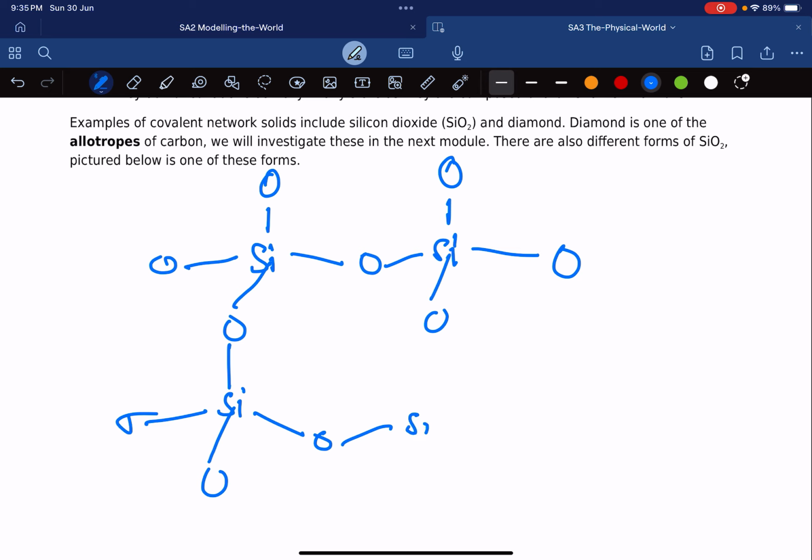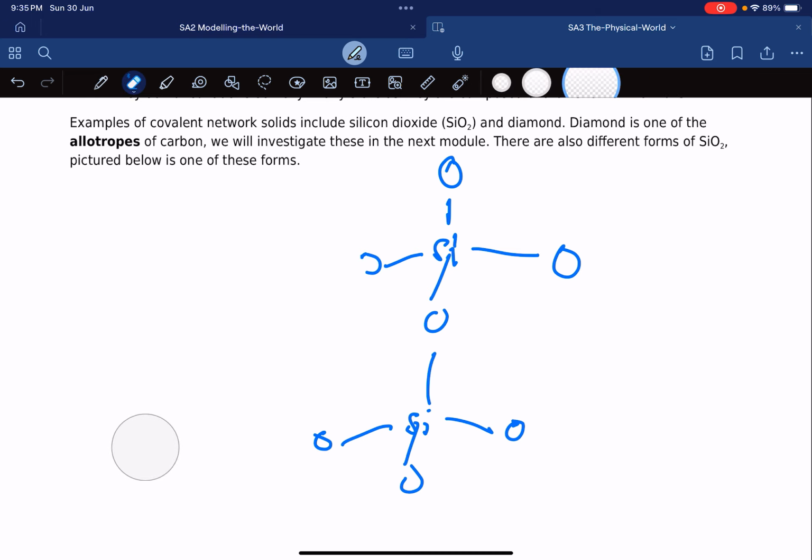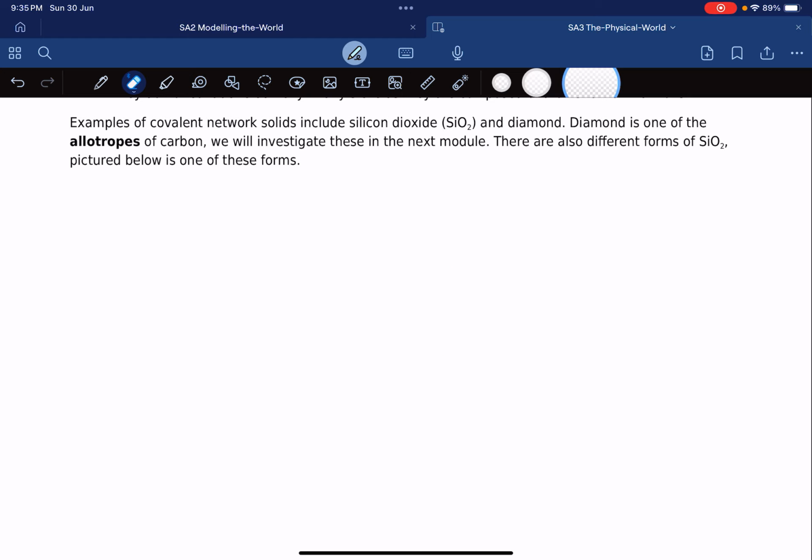So every atom is bonded to another atom via covalent bonds. So this is why network structures are very, very hard. Compared to even metallic and ionic compounds, network structures have high melting points and high boiling points, okay? Because what is holding them together is 100% covalent bonds.